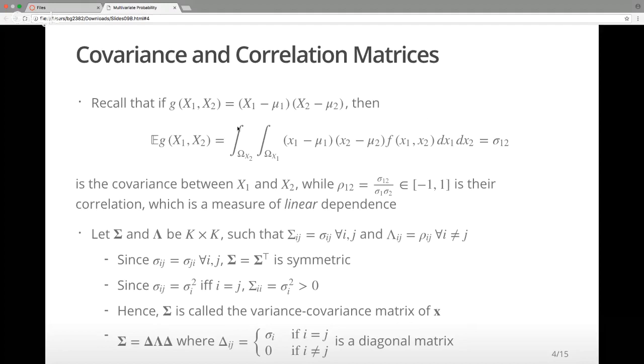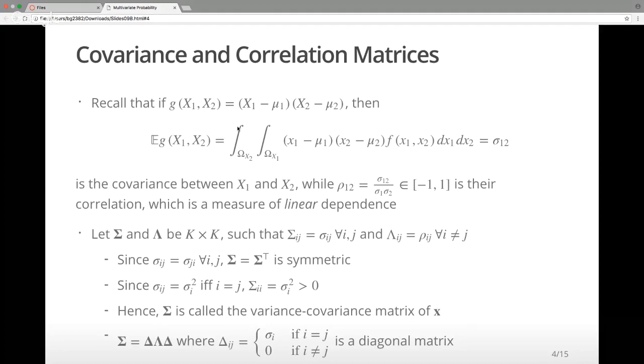And so a lot of things in social sciences have essentially arbitrary units, and so there's some preference to use correlation as a general measure of linear dependence, so you don't have to worry about whether you're talking about pounds or kilograms or dollars or euros or anything like that.